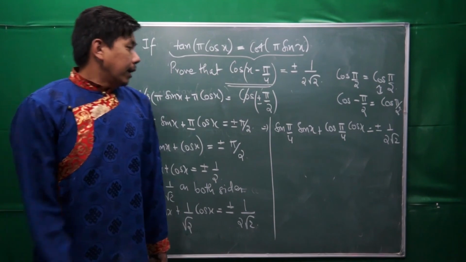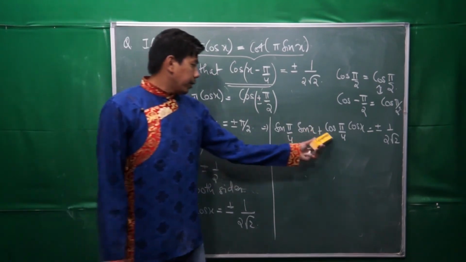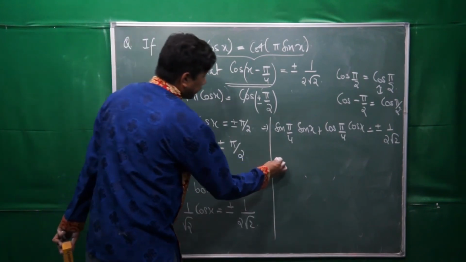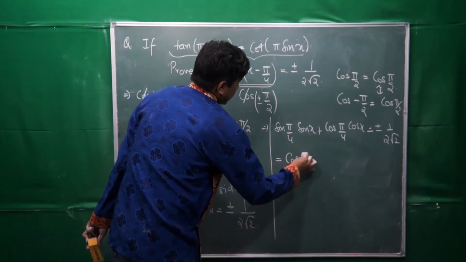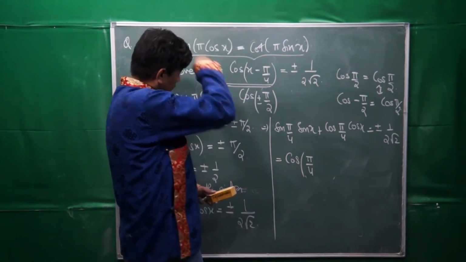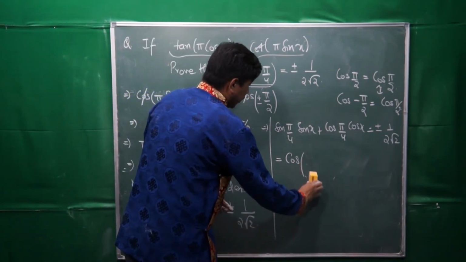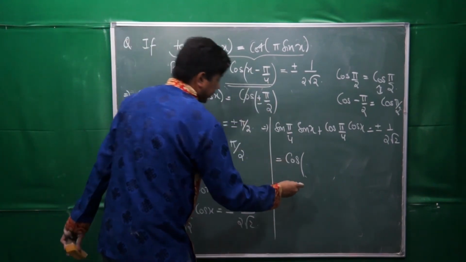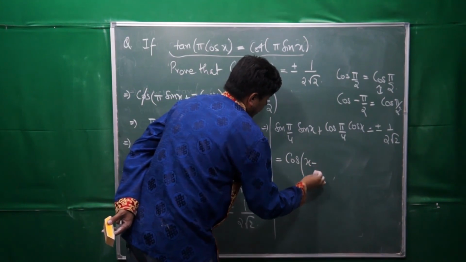Clear? And then you can see easily over here cos A cos B plus sin A sin B is equal to cos (A minus B). According to the question, instead of writing pi by 4 first, let's write x first because it is given in the question.